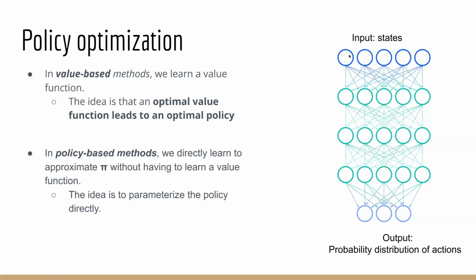As we can see here, the input of this neural network would be the current state you are in, and the output should be a probability distribution over the actions. After we get this distribution, we choose our actions randomly based on it. The larger the value, the more likely we are to choose that action.